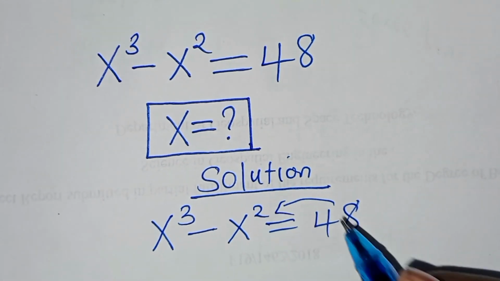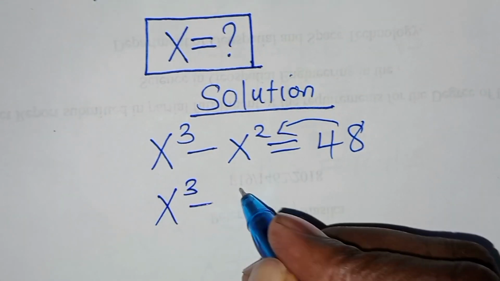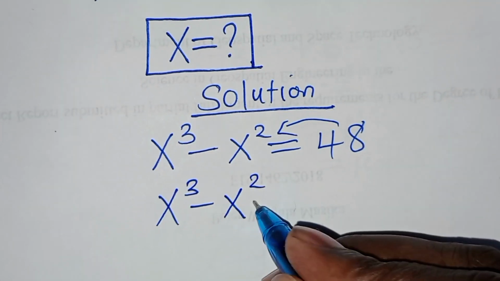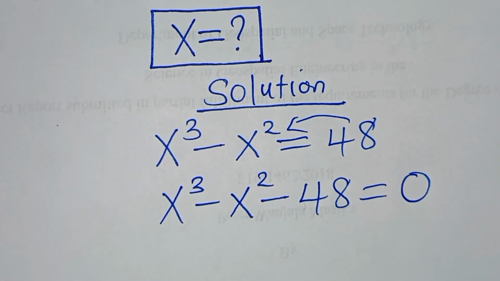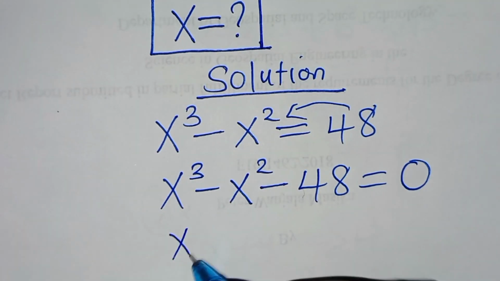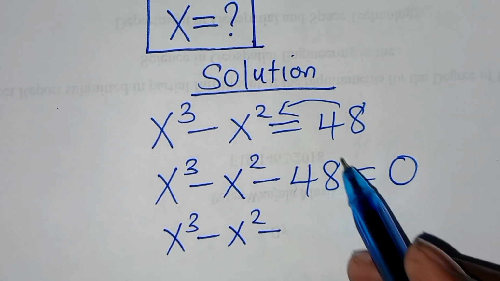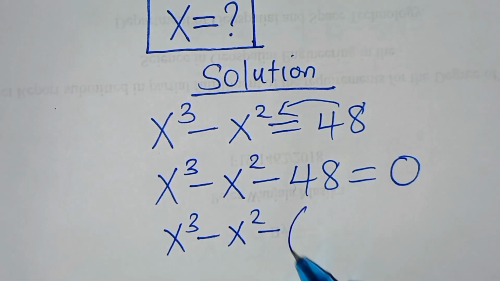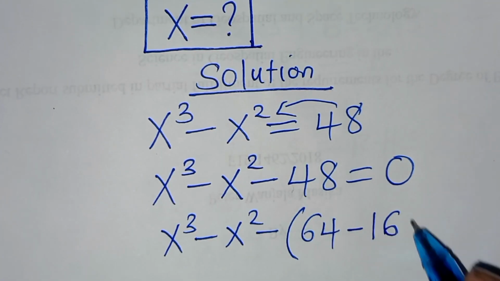Let's take 48 on the left-hand side. So you have x to power 3, subtract x to power 2, subtract 48. This is equal to 0. Now we can express 48 as 64 subtract 16.